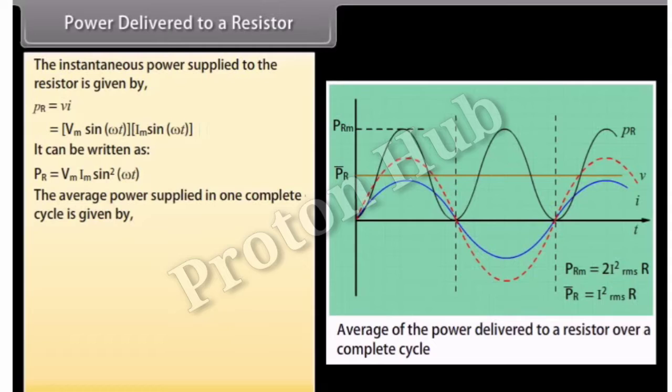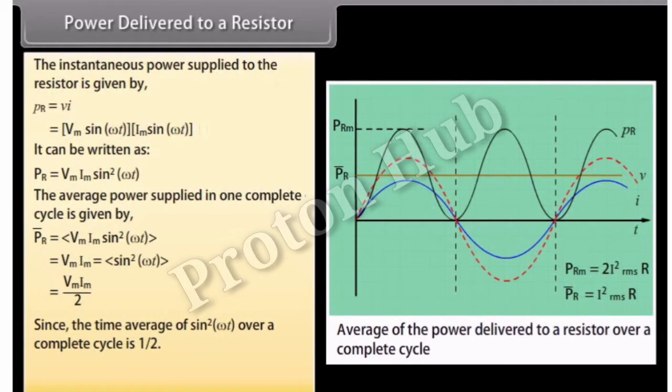The average power supplied in one complete cycle is given by PR = Vm Im/2, since the time average of sin² ωt over a complete cycle is 1/2. It can be written as PR = VRMS × IRMS, or PR = IRMS² R.